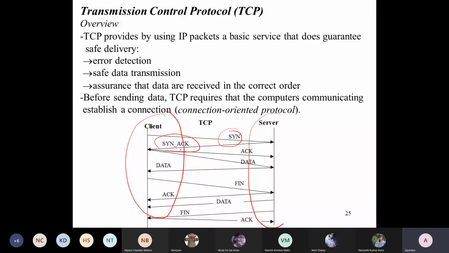Receiving that, the client may send an acknowledgement: okay, I have received your sync acknowledgement, now I am going to start the data transmission. Then the data transmission takes place, maybe in one direction from client to server, or in both directions. So there must first be some dedicated synchronization signal communication to establish the connection, and then the data transmission will start.